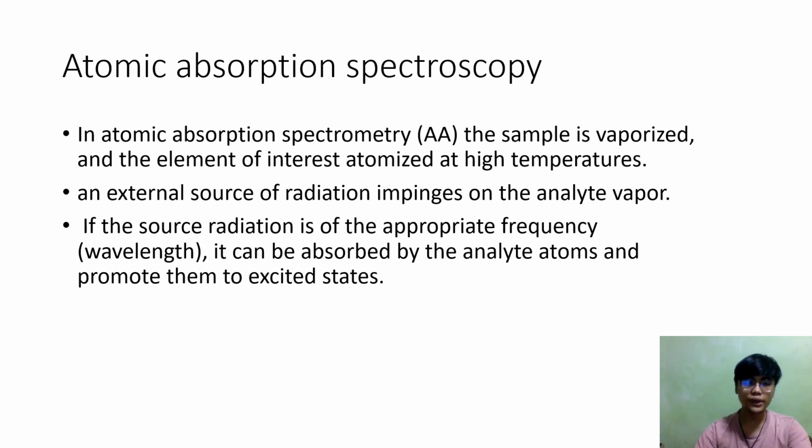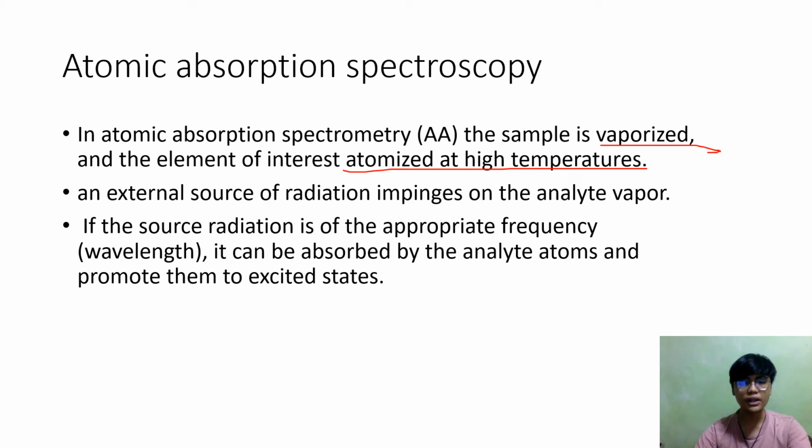Moving on to atomic absorption spectroscopy. In atomic absorption spectrometry, or AA, the sample is vaporized and the element of interest is atomized at high temperature. The element concentration is determined based on the attenuation or absorption by the analyte atoms of a characteristic wavelength emitted from a light source.